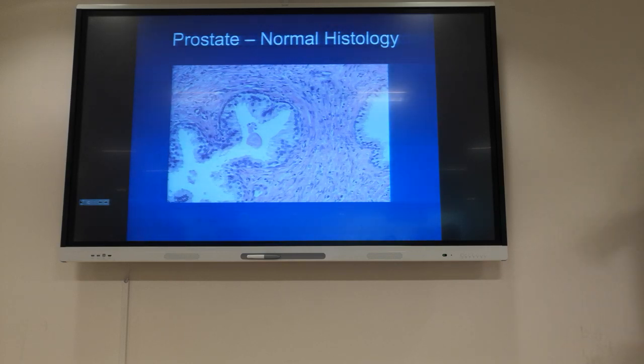Okay? Something to keep in mind. Just for your information, you don't need to know it now, you need to know it for medical school, but you need 3 glands in a needle biopsy to call it cancer. You need 3 small glands that fit the description of a carcinomatous gland in the prostate for you to make a diagnosis of a microfocus of carcinoma in the prostate, as we will see in the next slide.